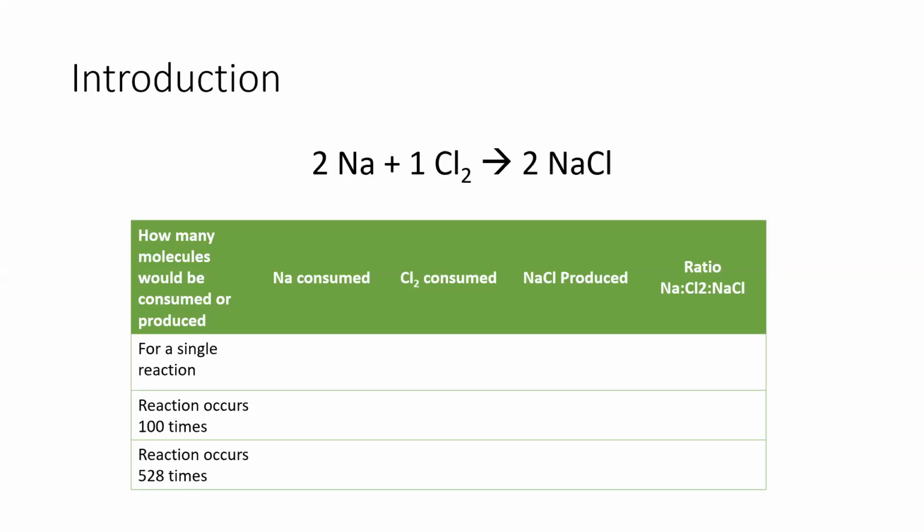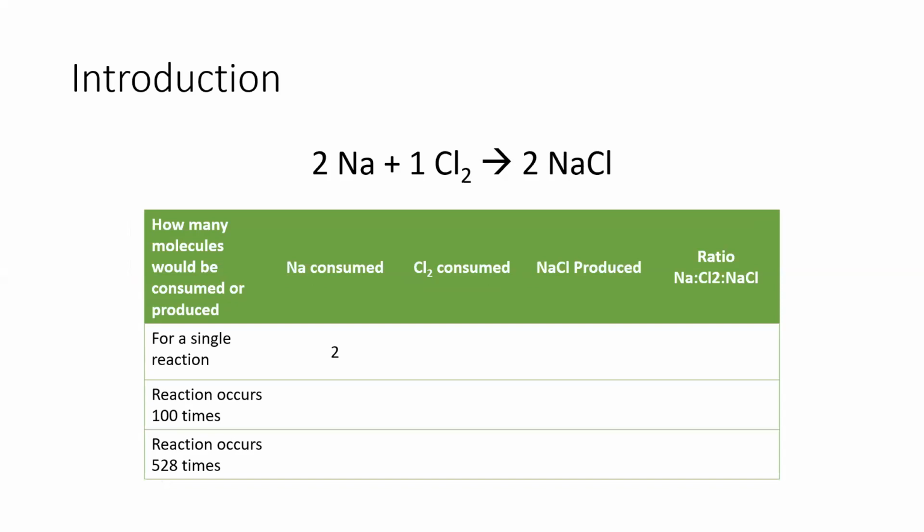So in a single reaction, how many molecules would be consumed or produced? Based on this, we would see two sodiums being used. One chlorine, one Cl2, would be consumed, and based on this balanced equation, we'd produce two sodium chlorides.